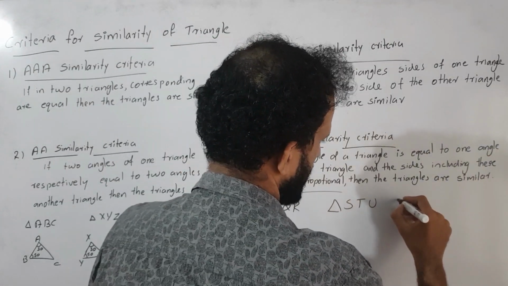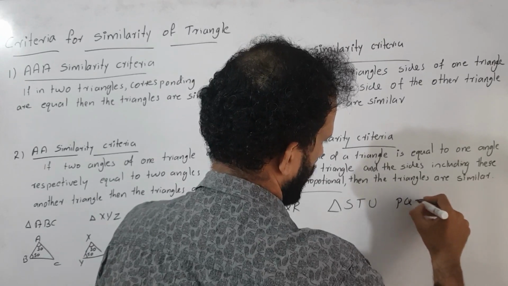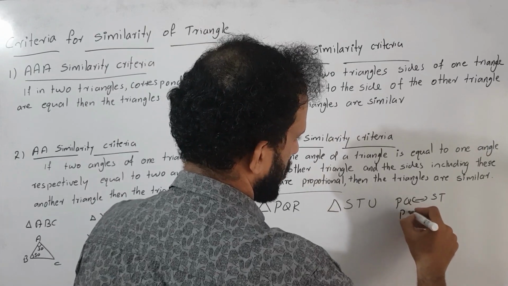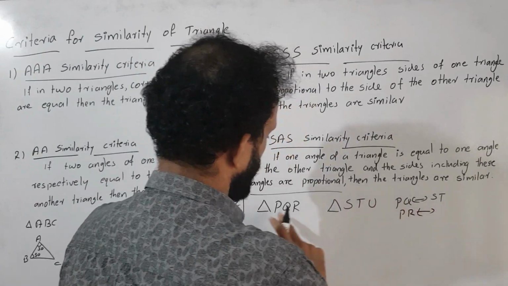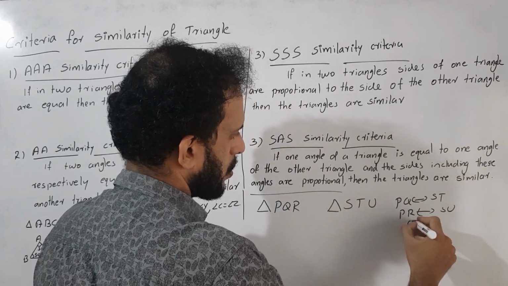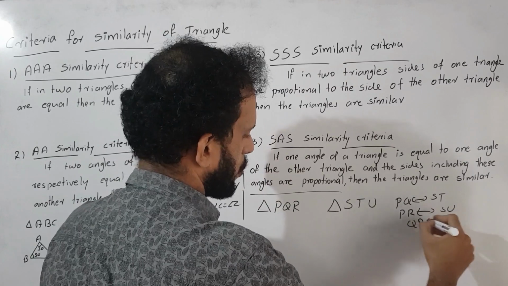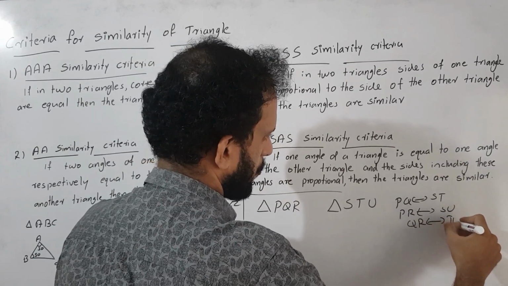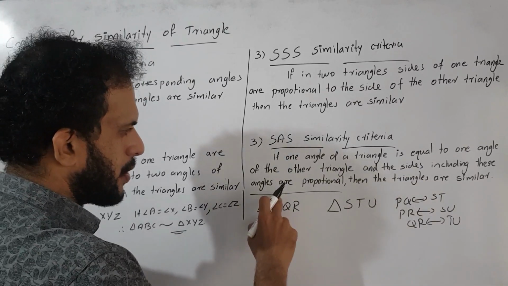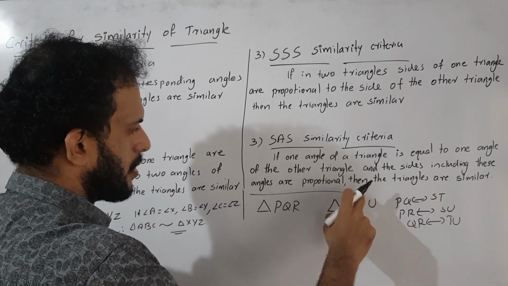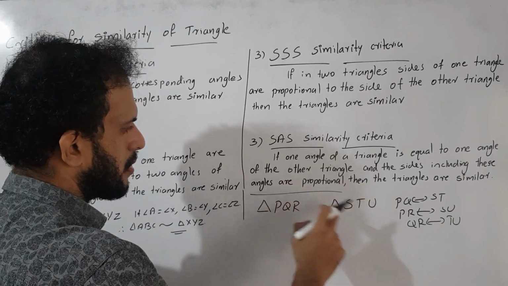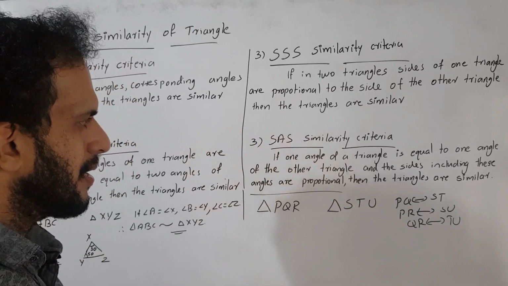PQ corresponds to ST, PR corresponds to SU, and QR corresponds to TU. PQR and STU are the names of the triangles. Correct. Then what is the rule?